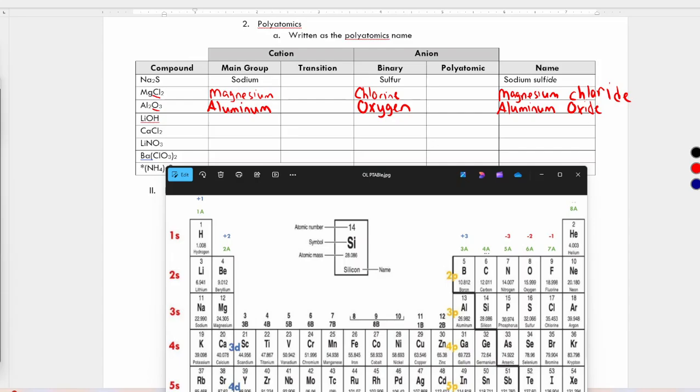So, the first one is Li. Li is lithium. That's straightforward. It's just a regular main group metal, lithium. But OH, there's no OH here on our periodic table. That's because it is a polyatomic ion.